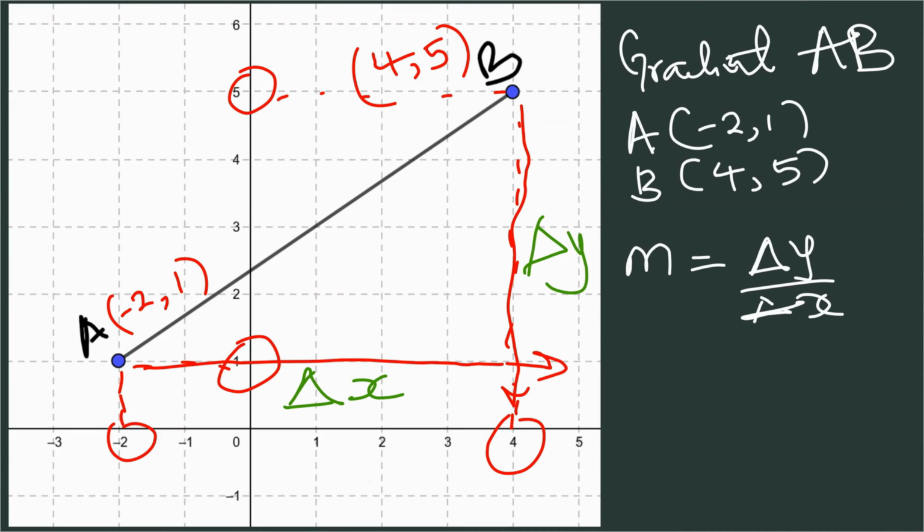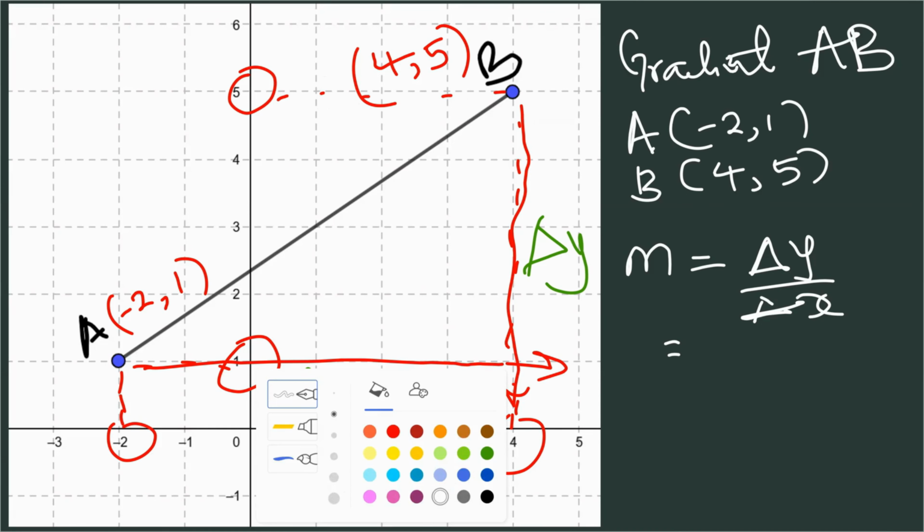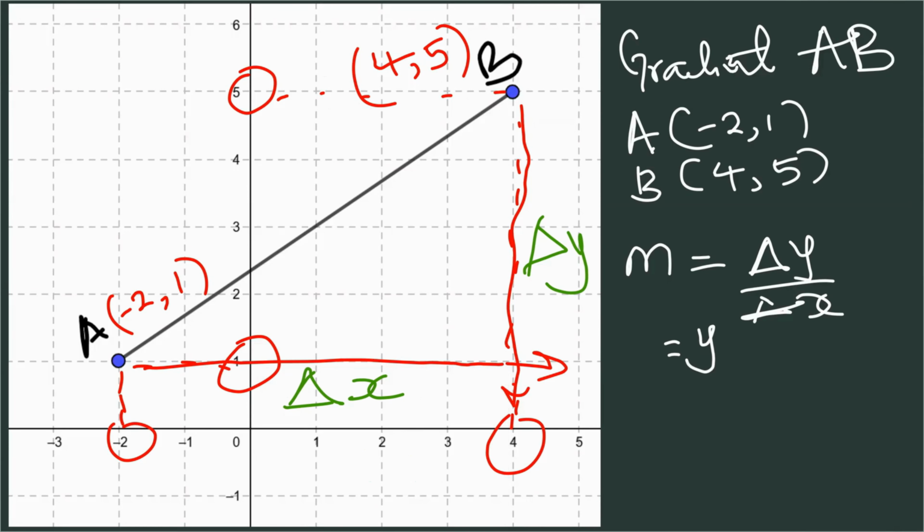Now, what is the change in y? You are going to subtract y2 minus y1 over x2 minus x1.